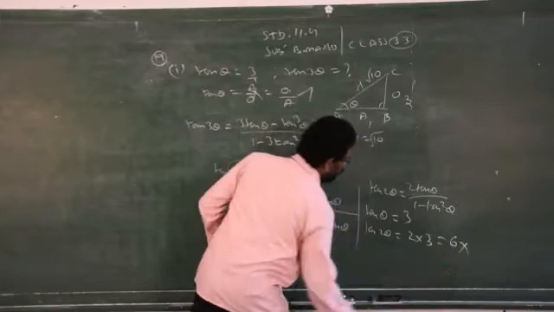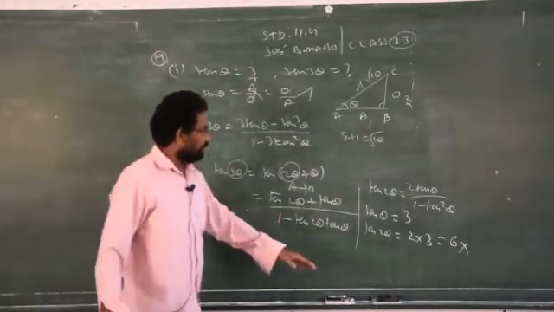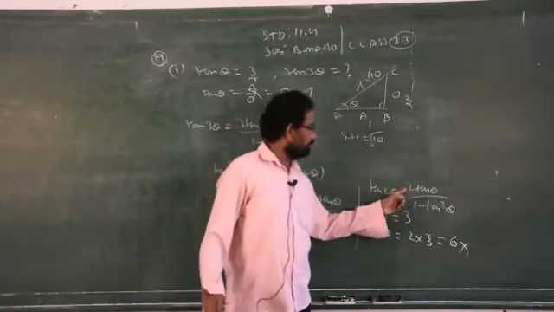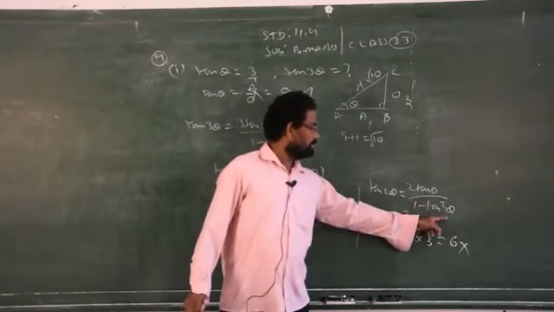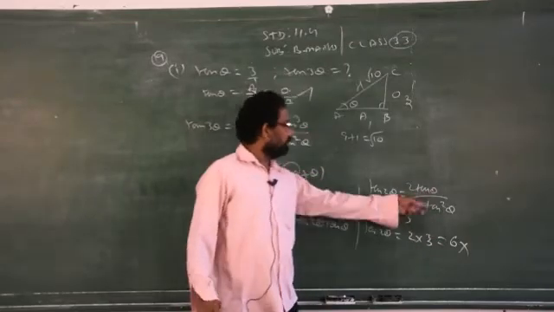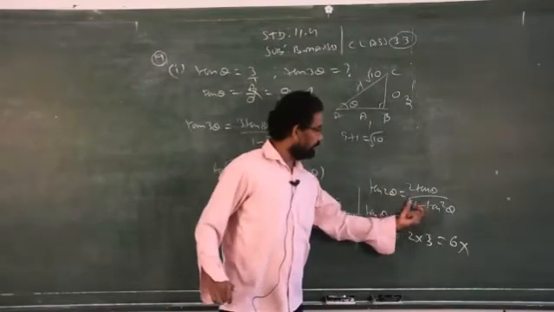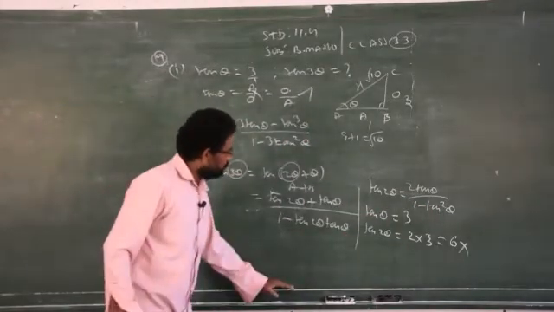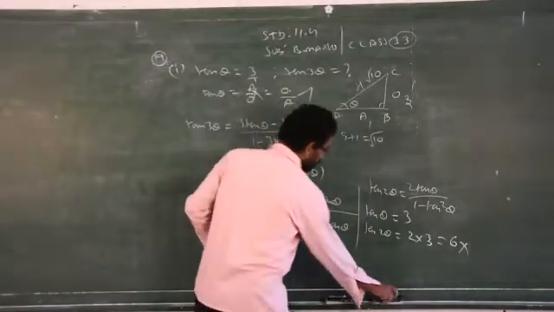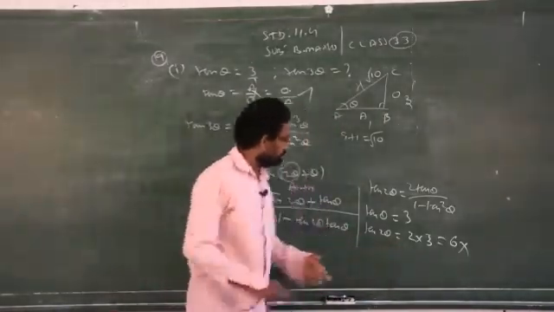If you write tan 2 theta equal to 6, your answer is wrong. You cannot do like this. We have a separate formula to find tan 2 theta, that is 2 tan theta by 1 minus tan square theta. There you have to replace the values and find the value of tan 2 theta. Then you substitute, you will get the answer. This is a direct method. You can follow any one method, but don't make this mistake.